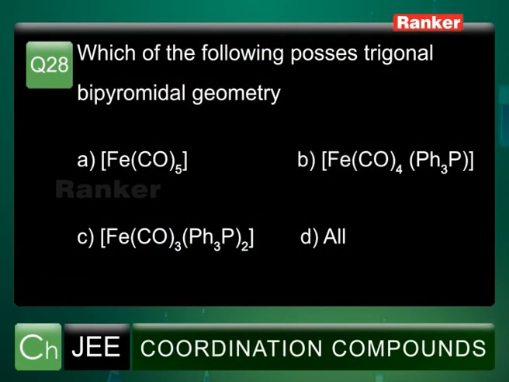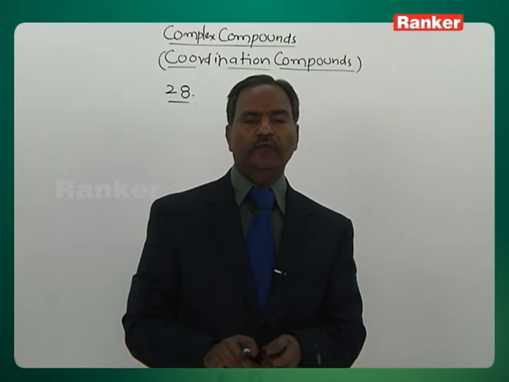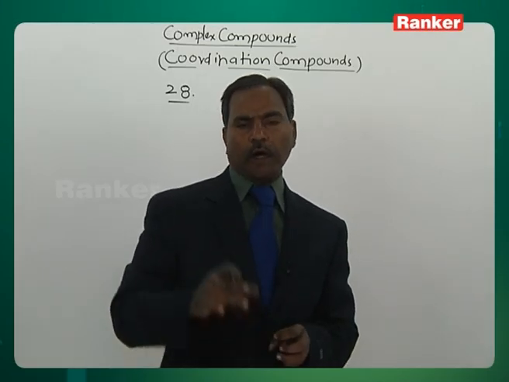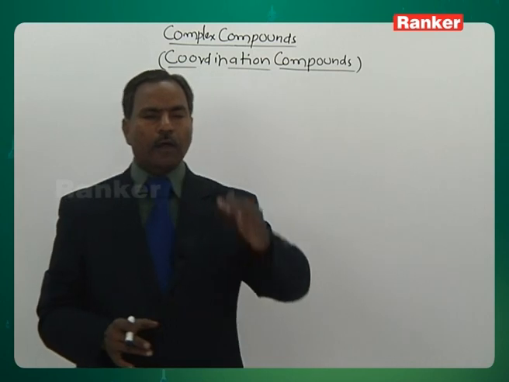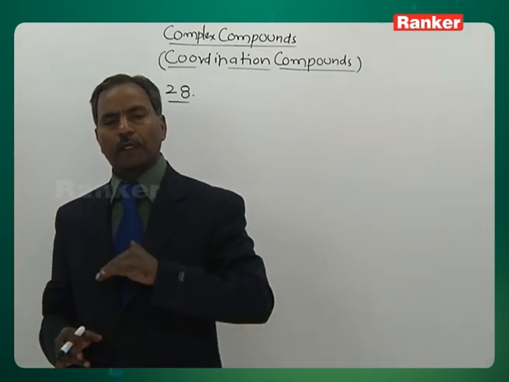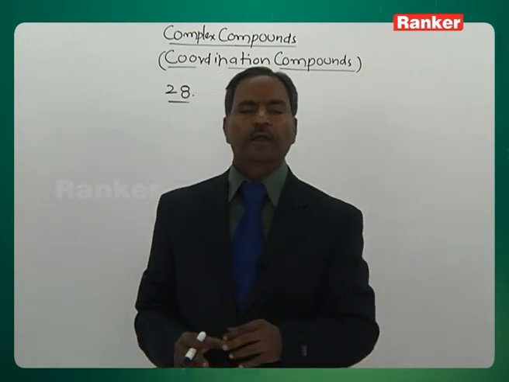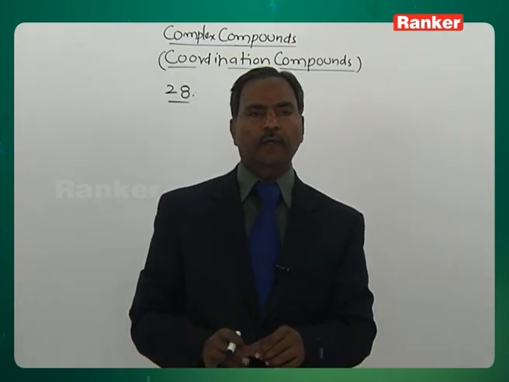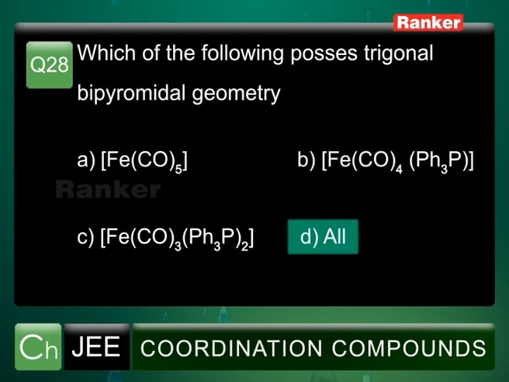Option C, Fe(CO) taken thrice with triphenyl phosphine taken twice. In all of A, B, C, the coordinate number is 5. Therefore, in all these complexes, the geometry is found to be trigonal bipyramid. So here the answer is D.